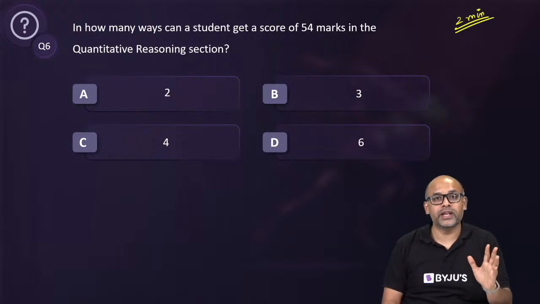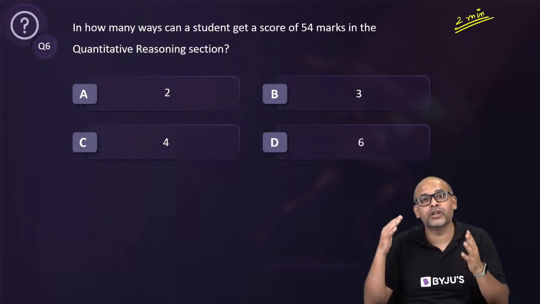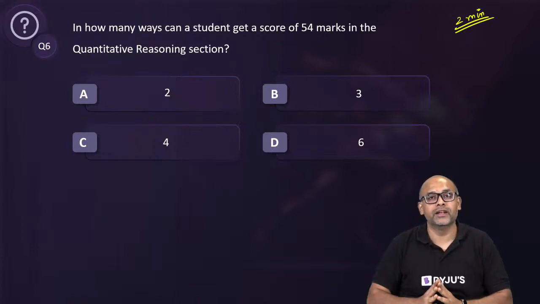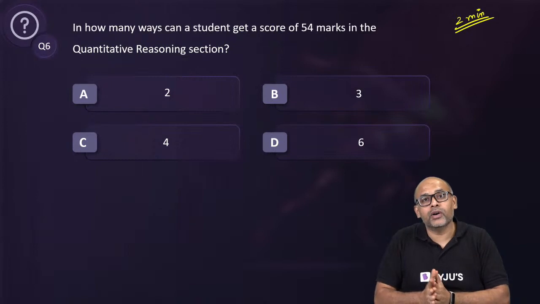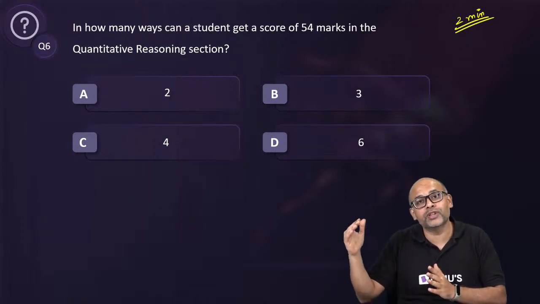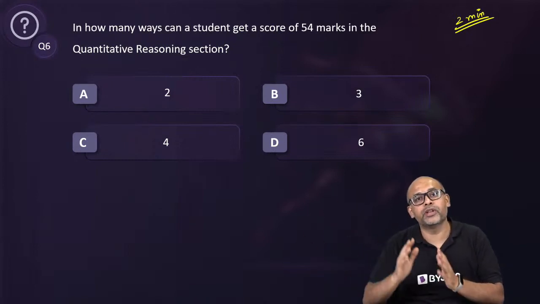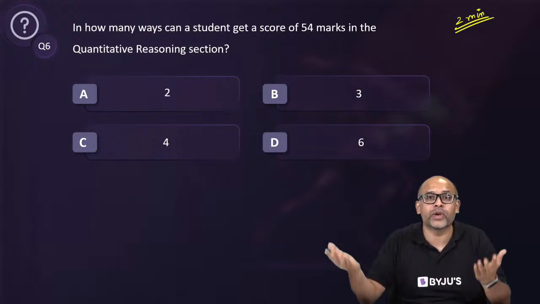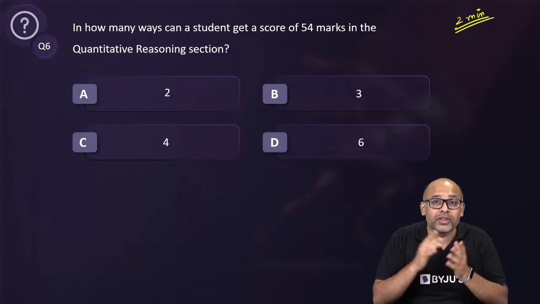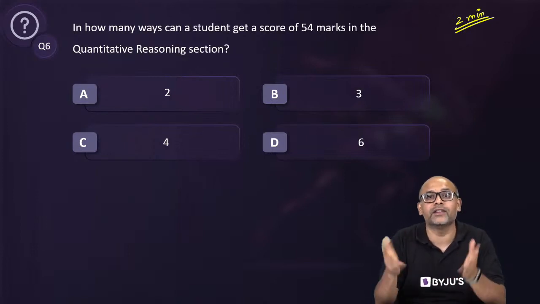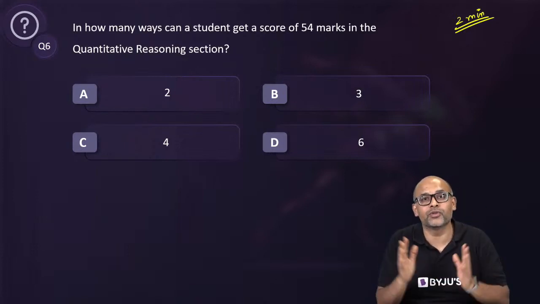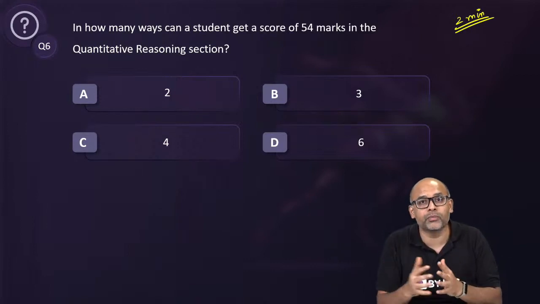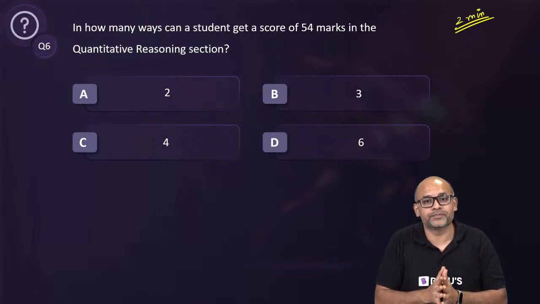Now, what I mean to say is get the pressure out from your mind. The moment you say CAT, CAT, CAT, and you don't think beyond CAT, the pressure is always very high. Because you are not focusing on what else you can do if not CAT. Then you will feel as if you have to crack it, otherwise something bad is going to happen. The moment you get into that mode, your brain will stop working.